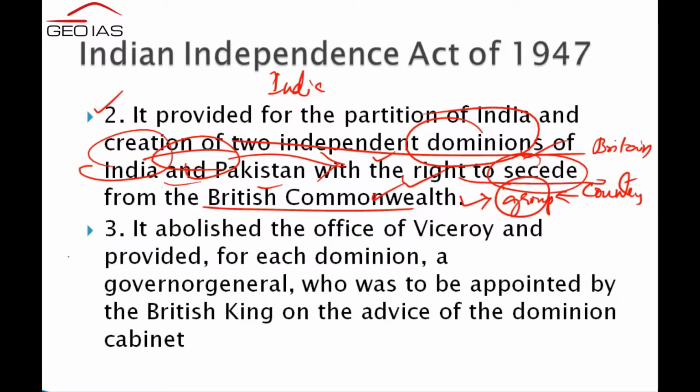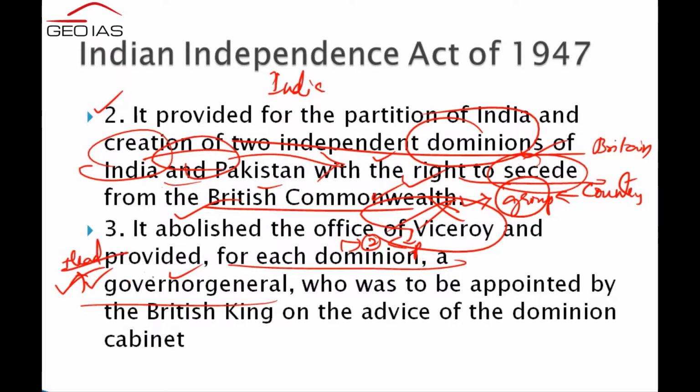It abolished the office of Viceroy, and established Governor Generals for the two dominions, India and Pakistan. These Governor Generals would be the head of the two countries.